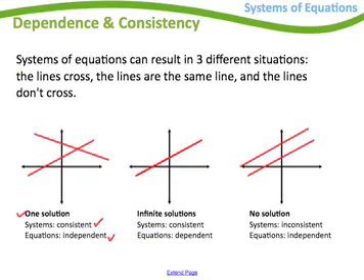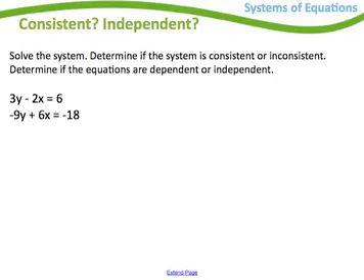So that's some definitions that we often use when we're talking about systems of equations. Typically, these are the ones where we give you most of the questions, where the systems are consistent, the equations are different, they're independent. That's where we spend most of our time looking for that point where they cross. But keep in mind that I could give you some, or your instructor could give you some, where the lines are the exact same line, or they're parallel. In that case, we have different descriptions of the systems.